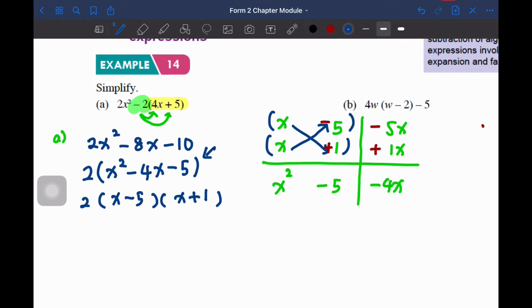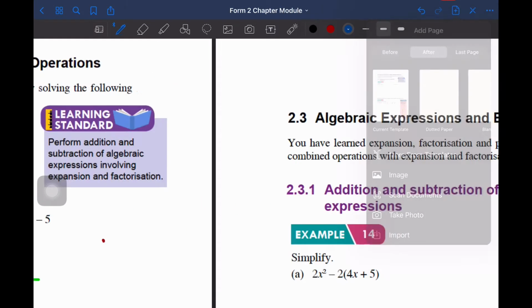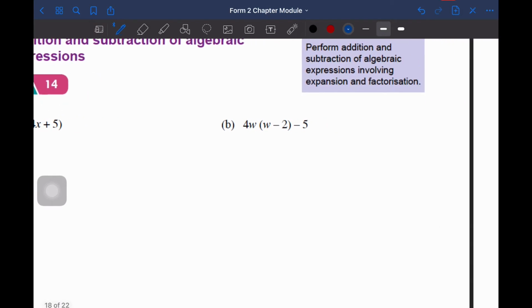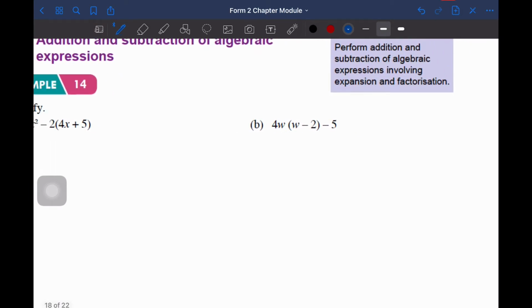So we proceed to the next question. The next question is 4w(w minus 2) minus 5. Sini kita nampak ada bracket. In front of the bracket there is an algebraic expression. So what we need to do is expand this part first.